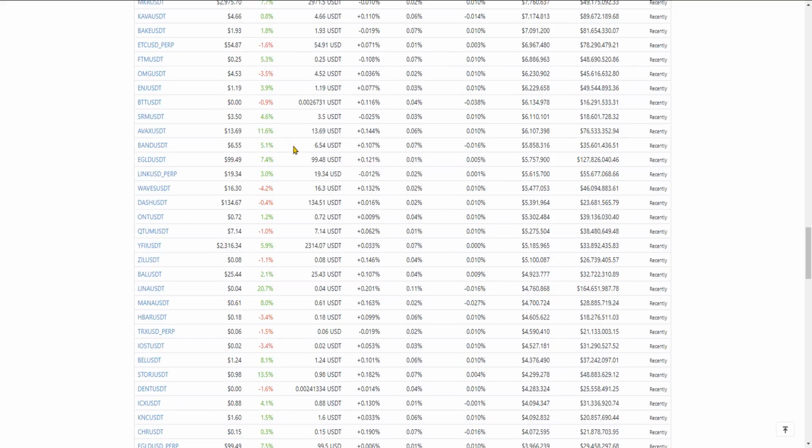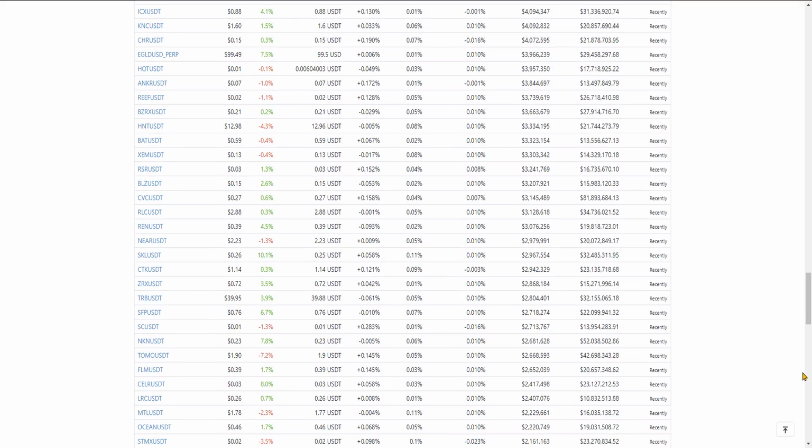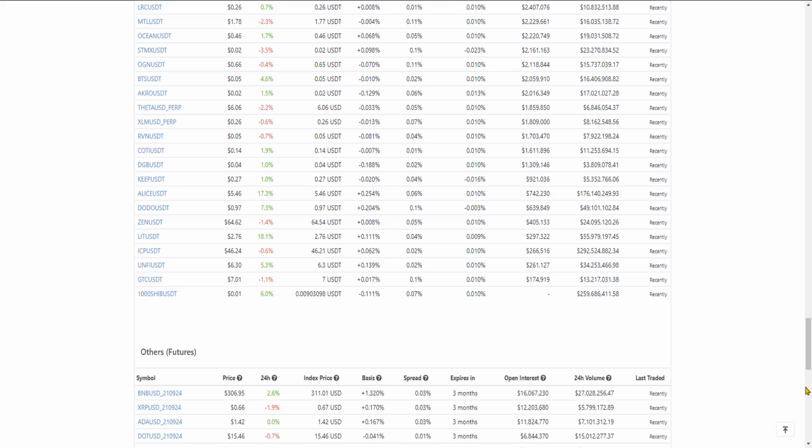If the market is unhealthy, AVAX is looking good. If the market is unhealthy, we will see very red, double-digit red in here. We're not seeing that at the moment. Lena, storage. There's a lot of things that are actually doing well under the hood. Okay, pretty good. Alice again, doing well.